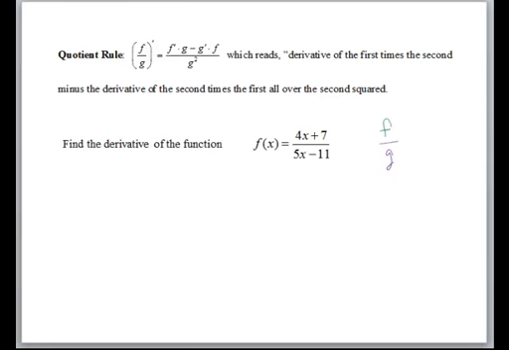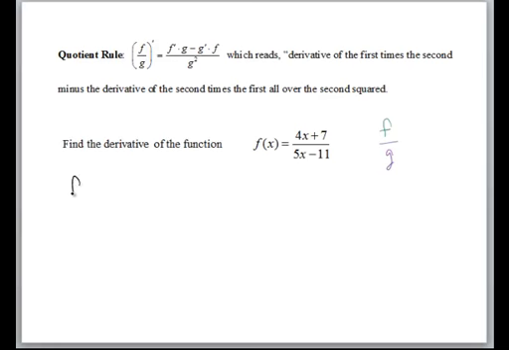Okay, so applying our rule, it's the derivative of the first, so the derivative of 4x plus 7 times the second, so times 5x. Let me stop here and go back. Okay, let's try this again.